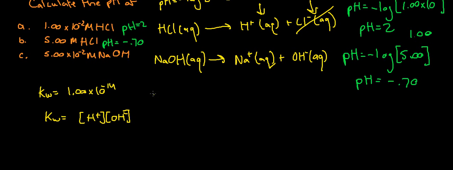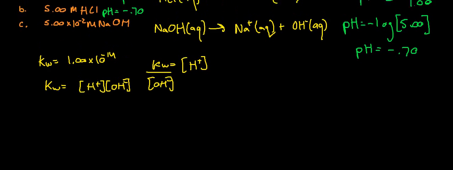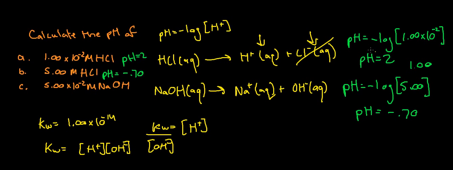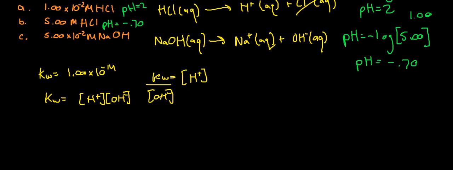So what I can do is say Kw over OH is equal to the hydrogen concentration, because in order to get the pH, I need the hydrogen concentration, not the hydroxide concentration. So one way of going about it is this way. I'll do the other way next.